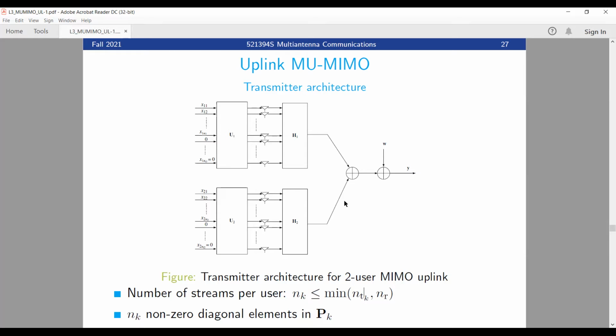All right. So here is that precoding matrix, or we can call it a beamforming matrix. All terms are used.